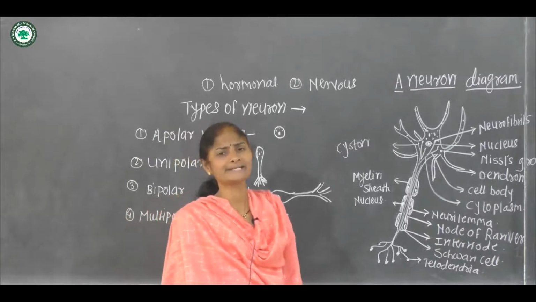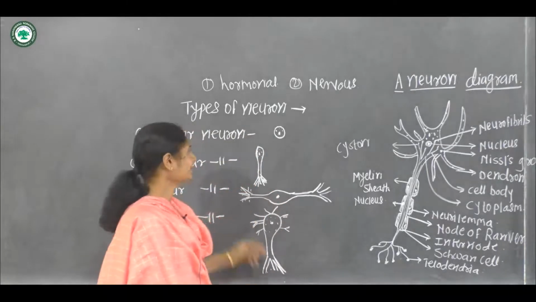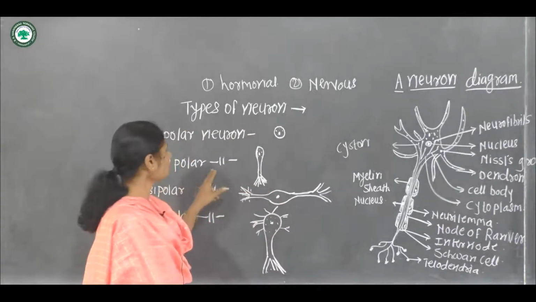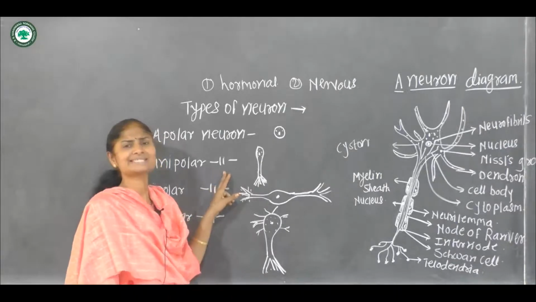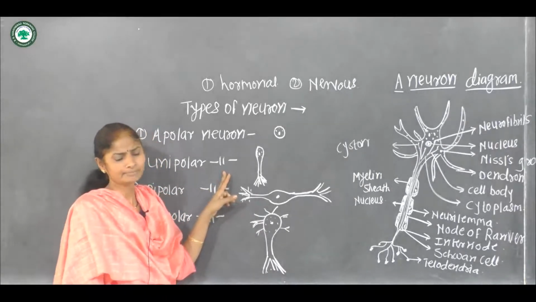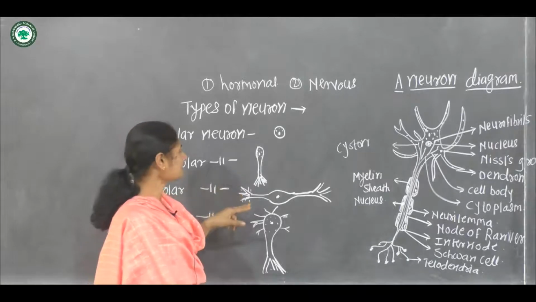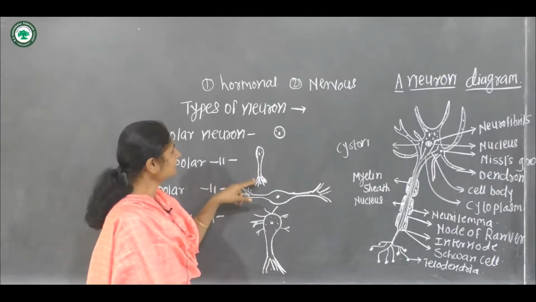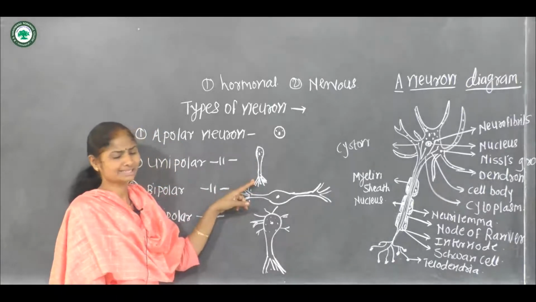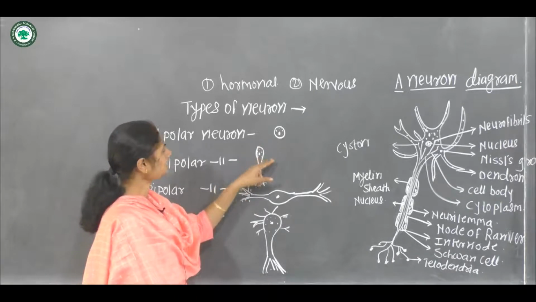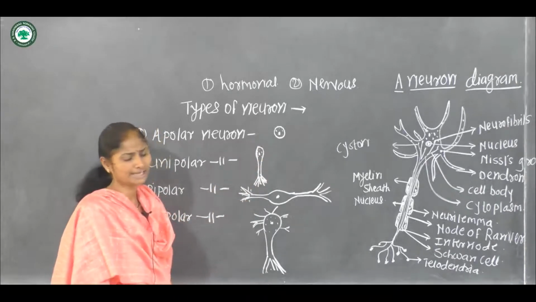Next is the unipolar neuron. Uni means single. In this type there is a single process, where the axon is present and dendrons are absent at the other end.